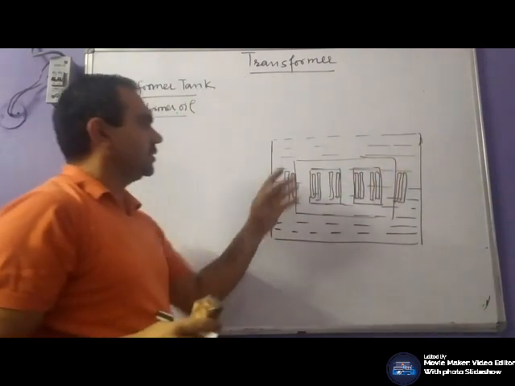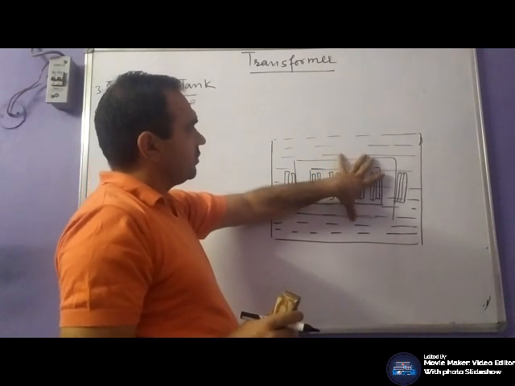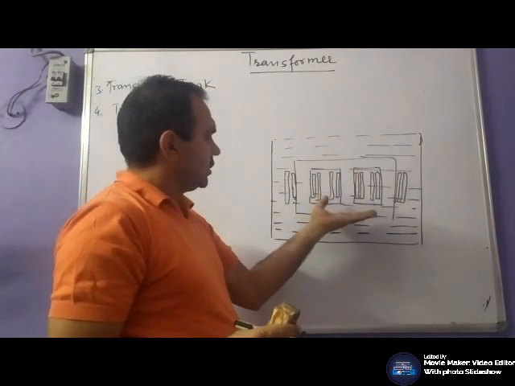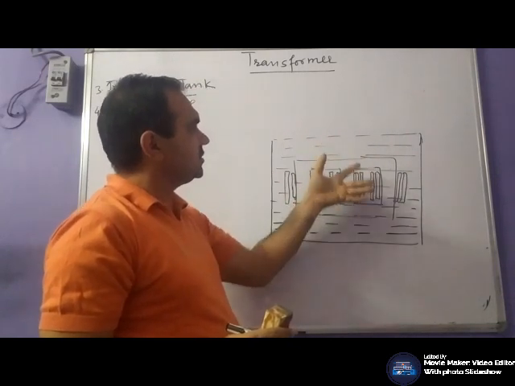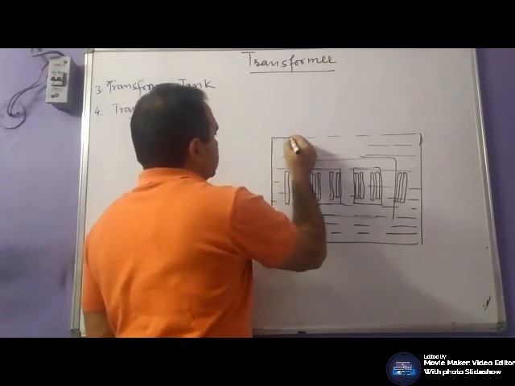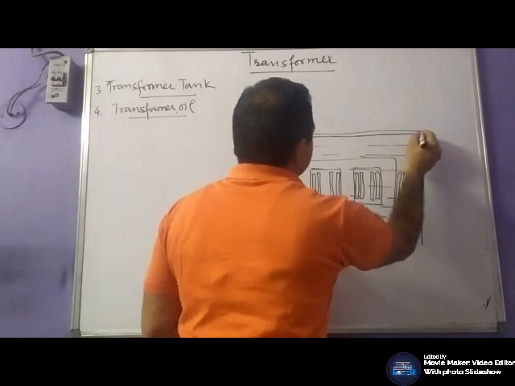This oil is filled into the transformer tank. It must have high dielectric strength, low viscosity to provide heat transfer, good resistance to emulsion, and a high flash point. This oil is used for insulation purposes as well as for cooling purposes.